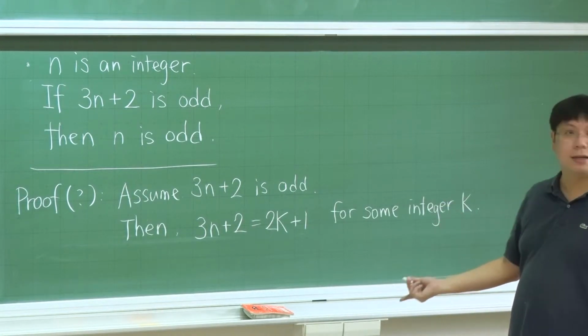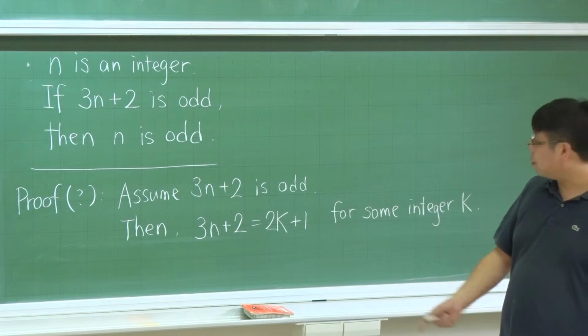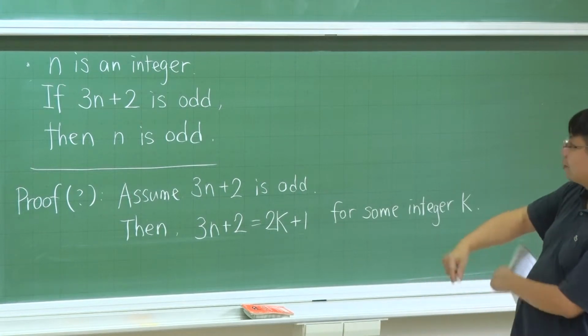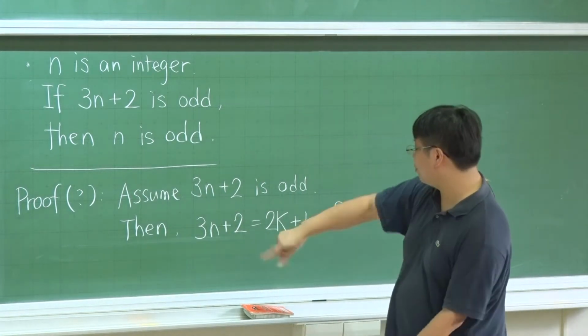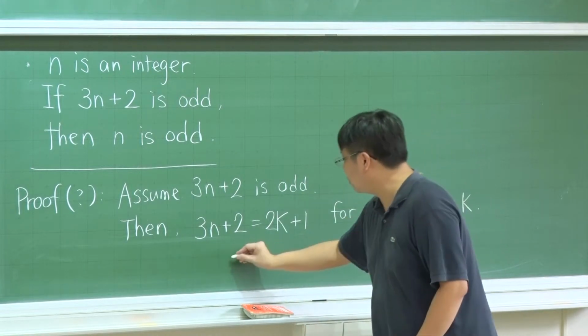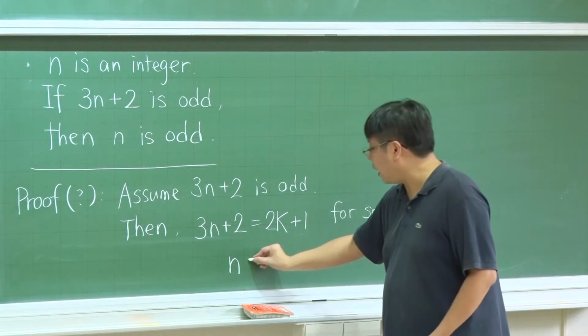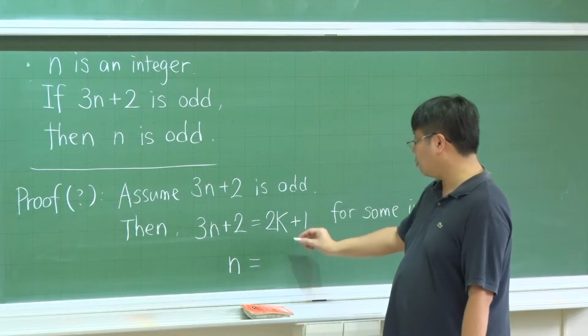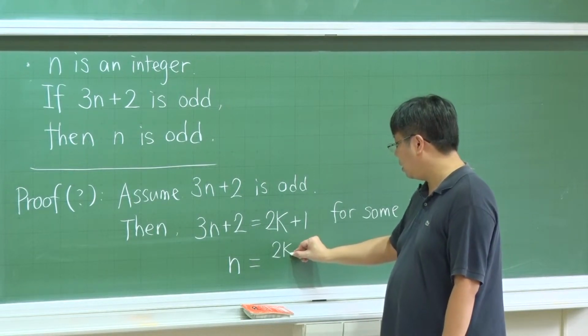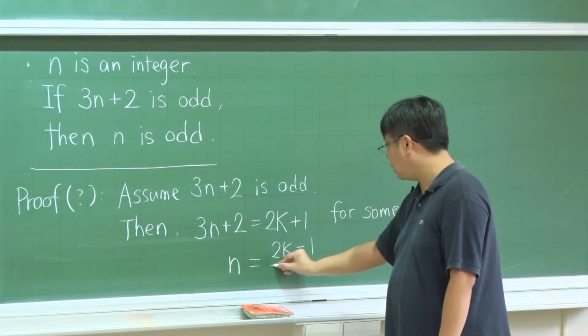This is what we can do because we just assumed that 3n plus 2 is odd. But then what? Okay, let's still use algebra to do this. So we will have something very strange. n is equal to what? n is equal to (2k minus 1) divided by 3.